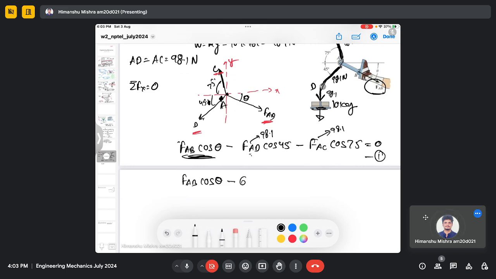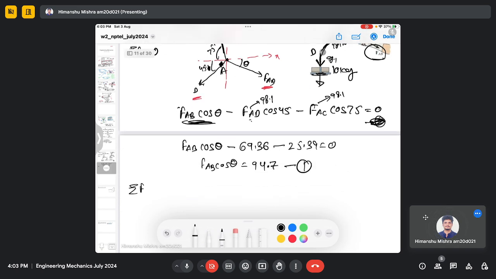So this is 69.36 minus 25.39 equal to 0. So FAB cos theta equals 94.7. Let's say this is our equation 1.